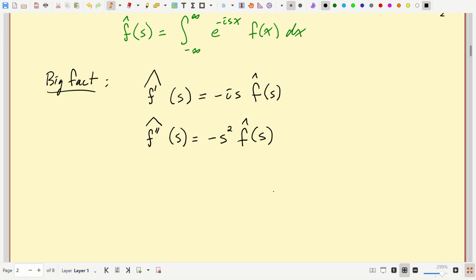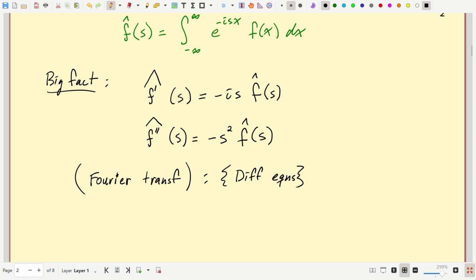Okay, so the Fourier transform has an exciting feature that it takes differential equations and turns them into algebra equations.